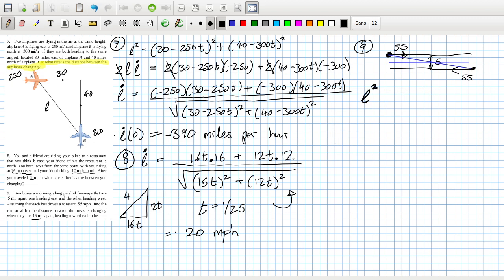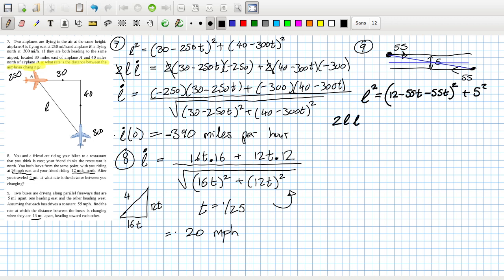L squared would be this length here, and that length would be 12 minus 55t minus 55t, squared, plus 5 squared.